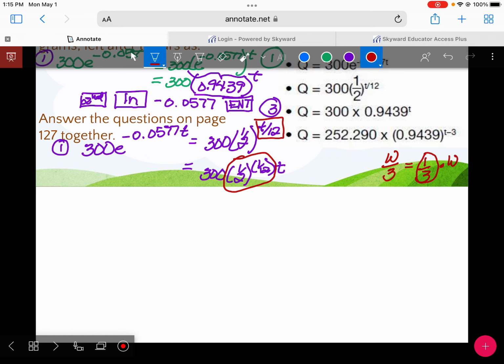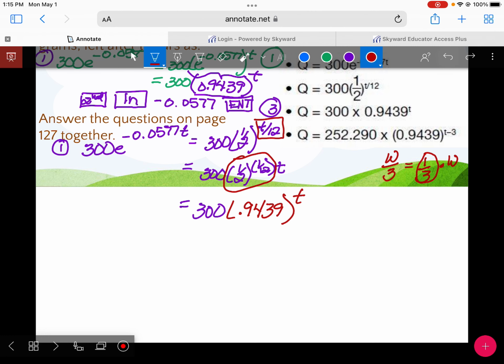So 0.5 or 1 divided by 2. Well, it depends. What'd you get? I got 0.94387. Okay, you got 0.94397. Were we not supposed to put 300? You didn't have to. Oh, that just gave me a different number.